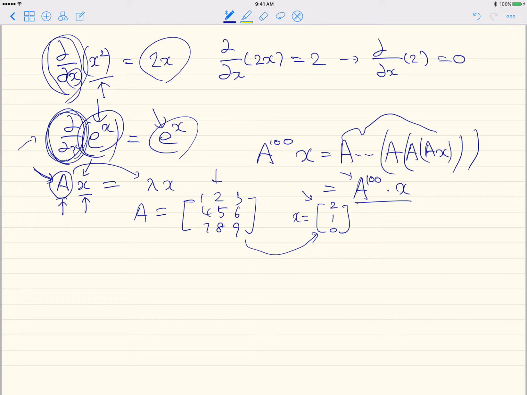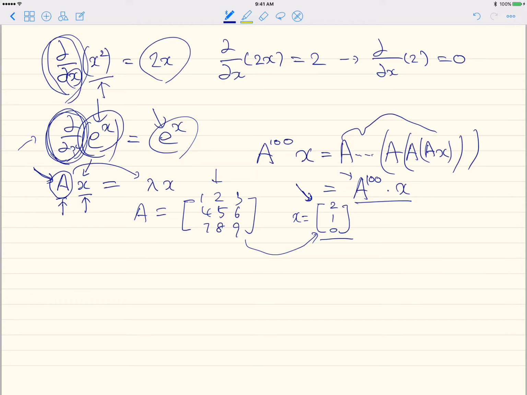Okay, but in this case, if someone gave the vector x as a kind of special savior, okay, and suppose this vector x should be some kind of special vector. So it cannot be any vector.